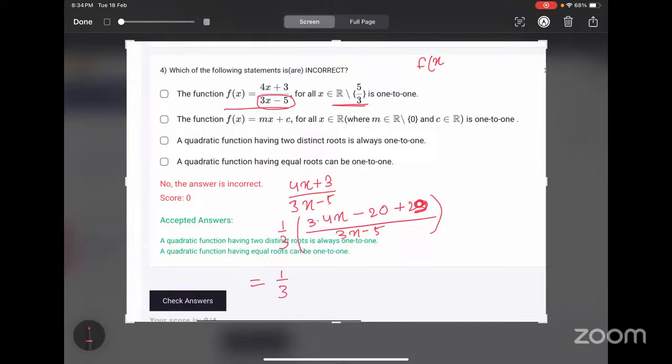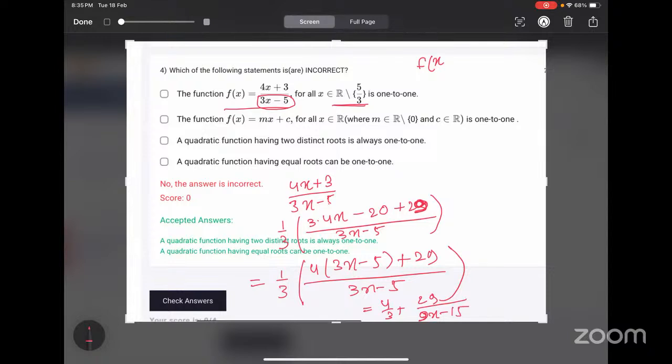Anyway, you complete this line of thinking. So we can take 4 as common. Then we will get 3x minus 5 plus 29 by 3x minus 5, right? Then we can express it as 4 by 3 plus 29 by 3 into, that means, 9x minus 15. Is this new expression of the function fine?